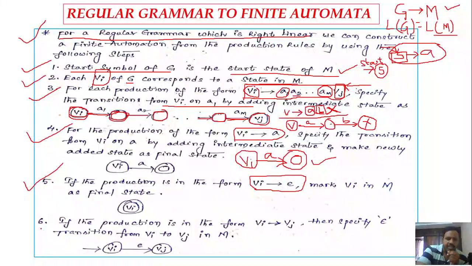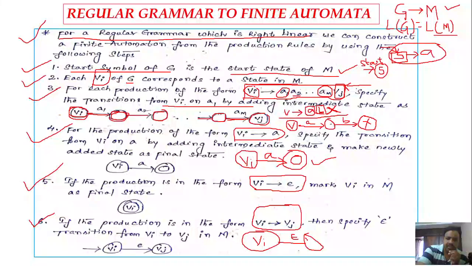Okay. Next, the last point, rule number 6: if any variable is denoting another variable in a production rule, then in the finite automata specify the epsilon transition from state Vi to Vj.